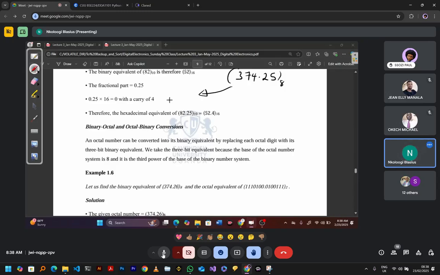Okay, so cool. So first step here, we're going to first convert each of these digits into binary. So tell me, 3, what is 3?